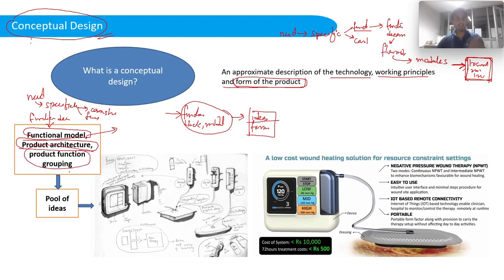And next is conceptual design, where we'll generate concepts. Before concepts we'll generate a lot of ideas. So using these modules, we now have some sort of rough idea of how the product functions can be broken down.